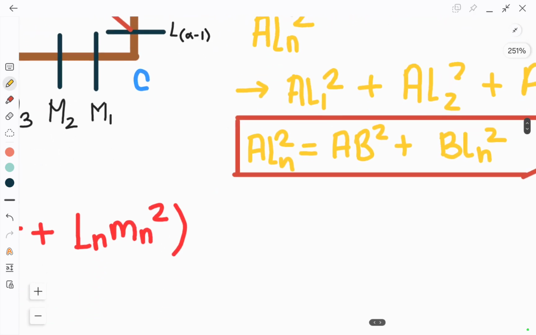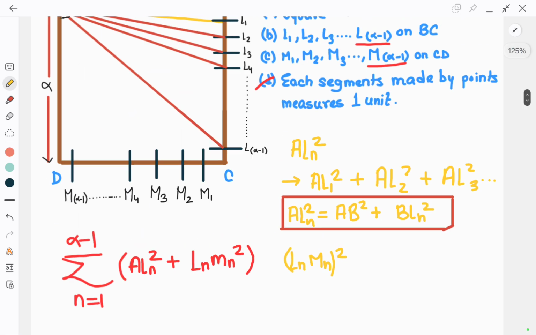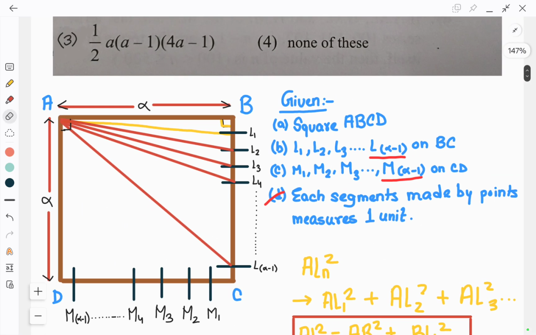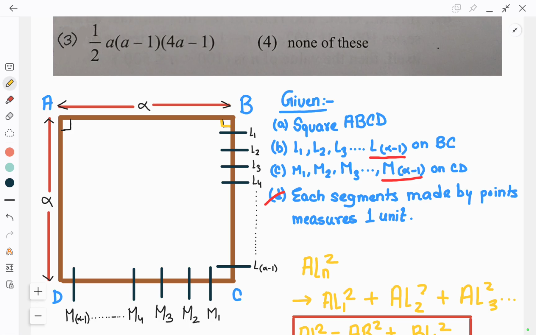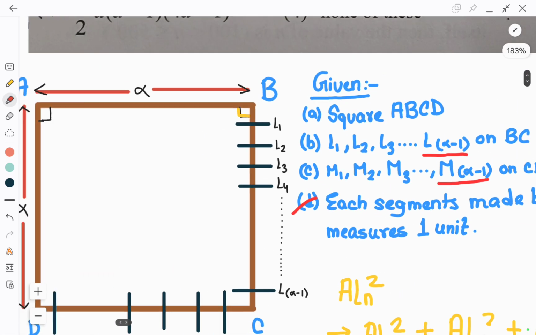Now we will try to solve that LnMn whole square. I'm erasing this. Now for n equals 1, it will connect the L1 and M1 points.